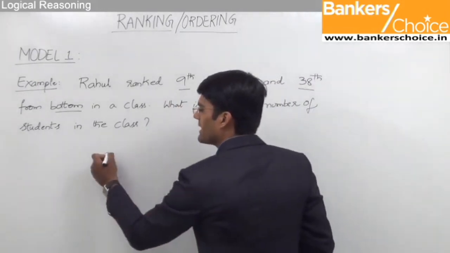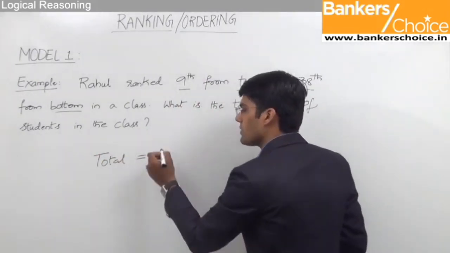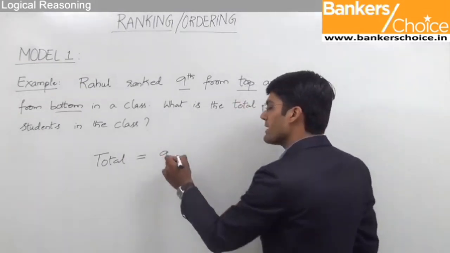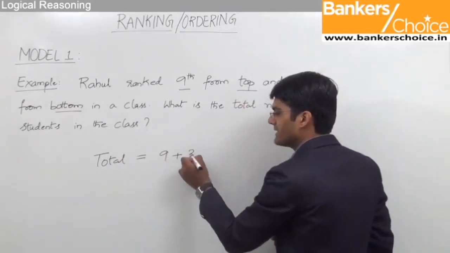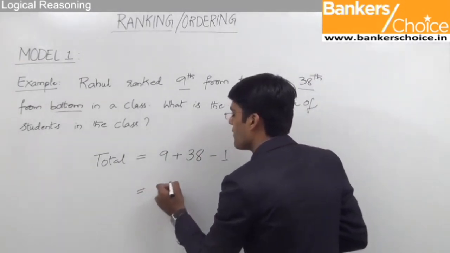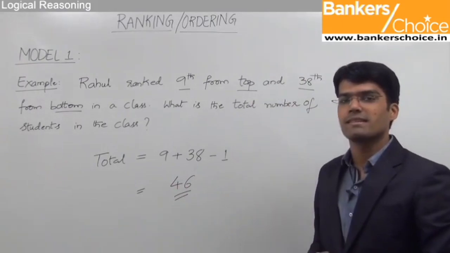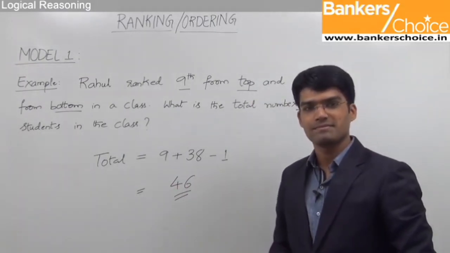So we can say that the total number of students in the class would be equal to the rank from top, that is 9, plus the rank from bottom, that is 38, minus 1, which comes out to be 46. Therefore, the total number of students in the class is 46.